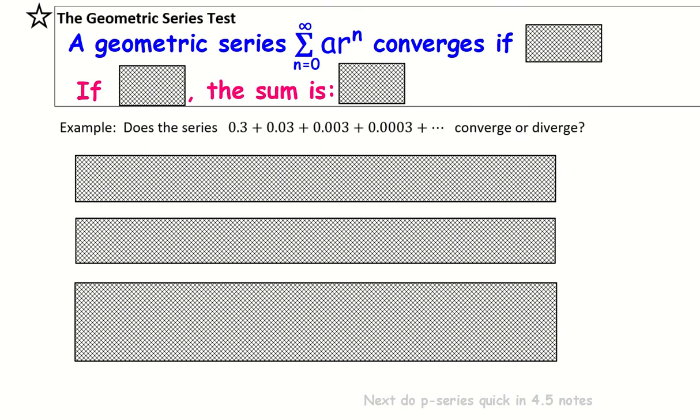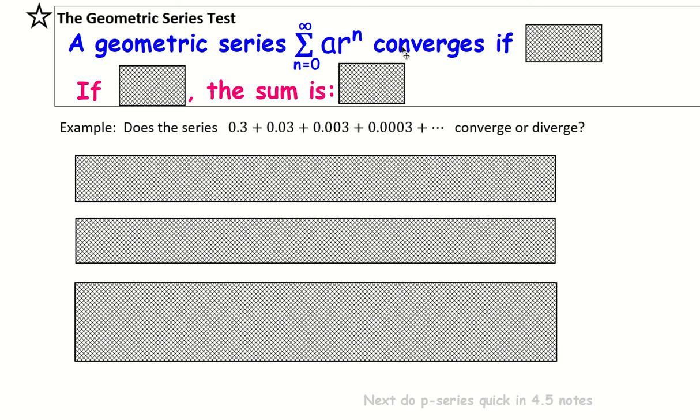Now, hey, more familiar stuff. We also have our geometric series test. If and only if, right? If the series you are given turns out to be geometric in nature, then take advantage of that and do a quick geometric series test. So I hope you remember when you can determine that a geometric series converges.